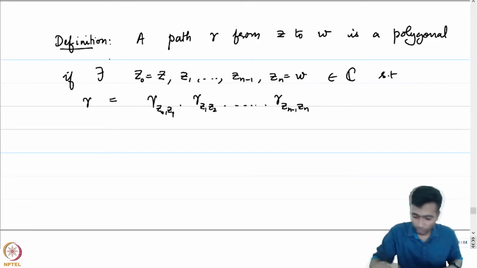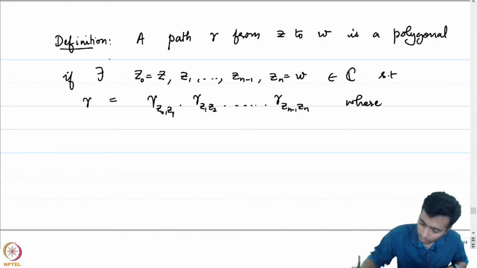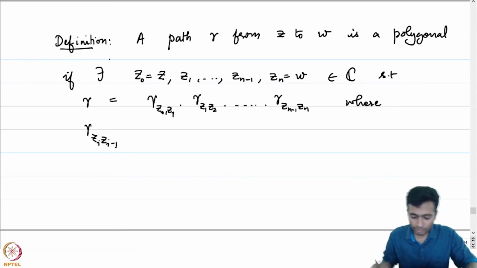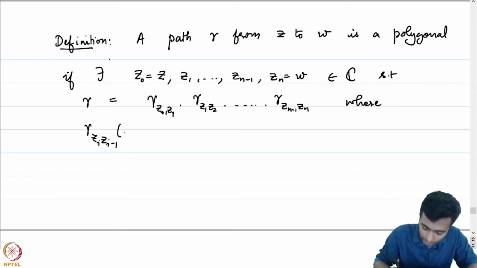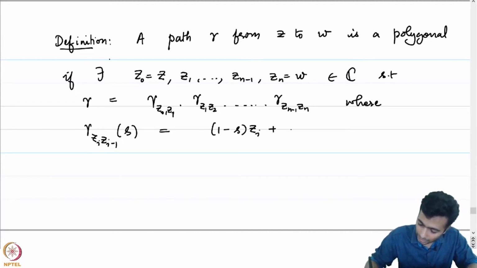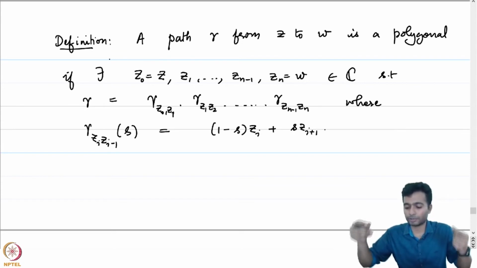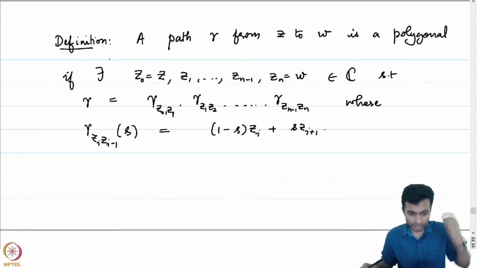Basically gamma zi zi plus 1 is the straight line path which joins zi and zi plus 1. So this is going to be 1 minus s times zi plus s times zi plus 1. Notice that this is a straight line which connects zi to zi plus 1.